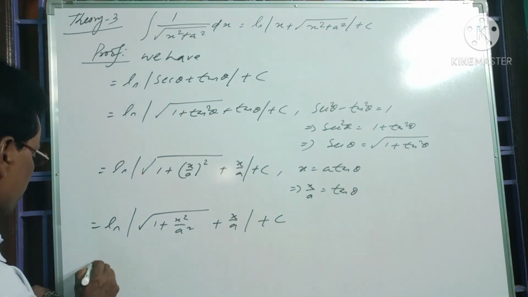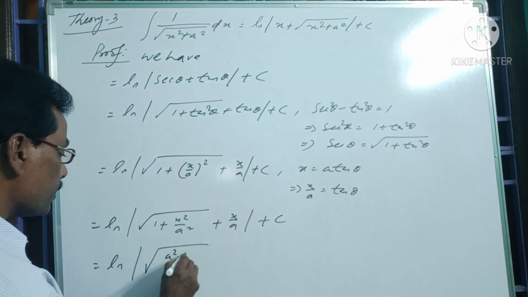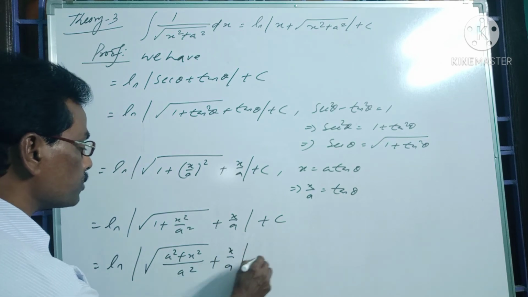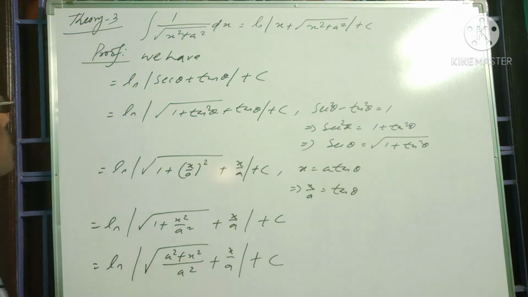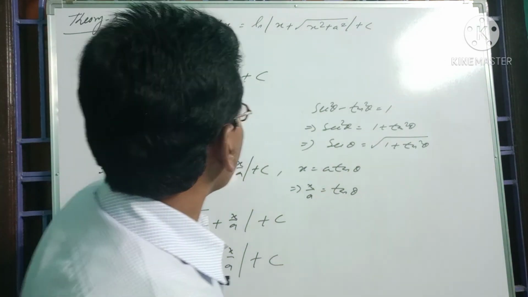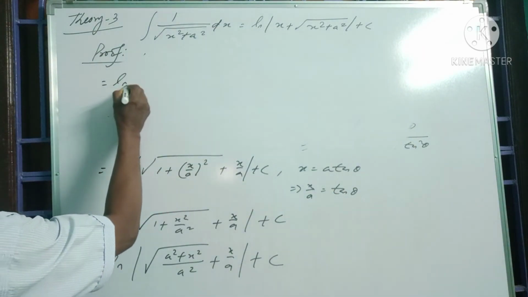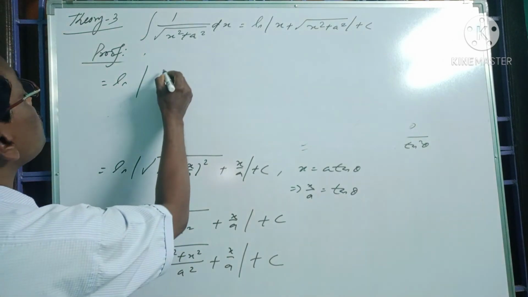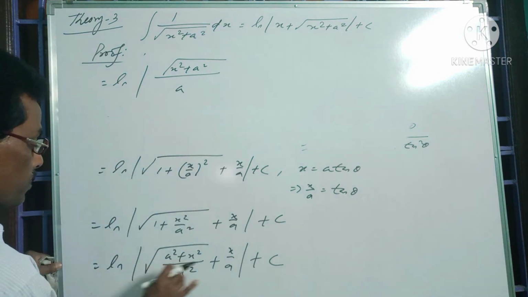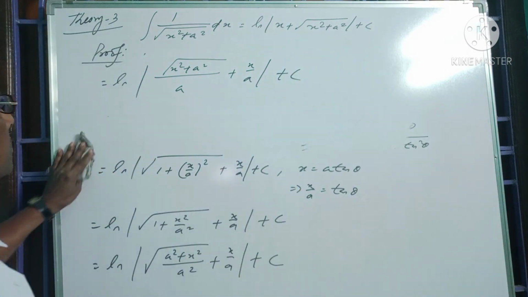Again simplifying, we have ln of mod of root over of a square plus x square by a square plus x by a, whole mod, plus c, the constant of integration. Again simplifying, we have ln of mod of root of x square plus a square by a, because square root of a square is a, plus x by a, mod, plus c, the constant of integration.